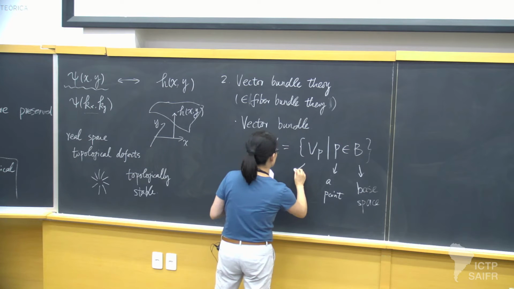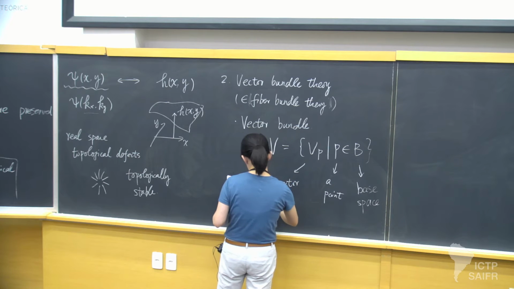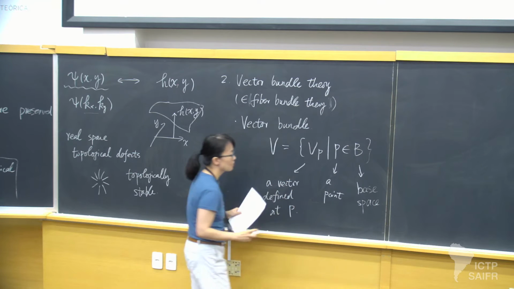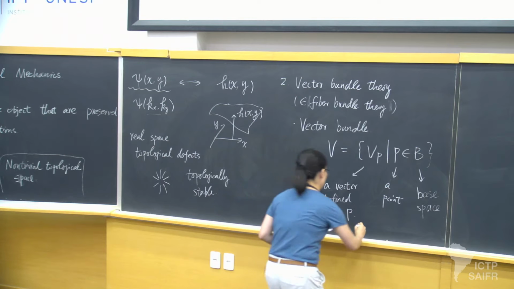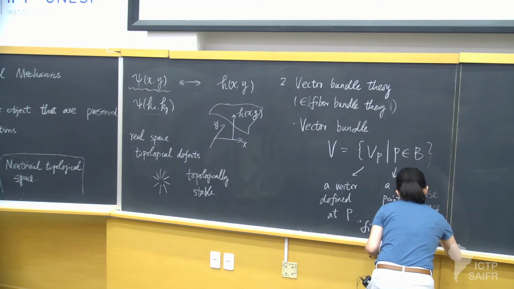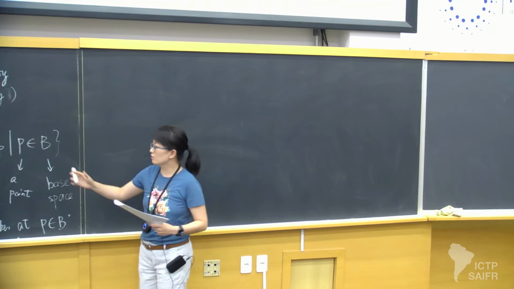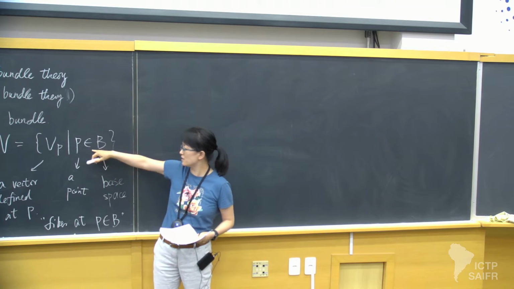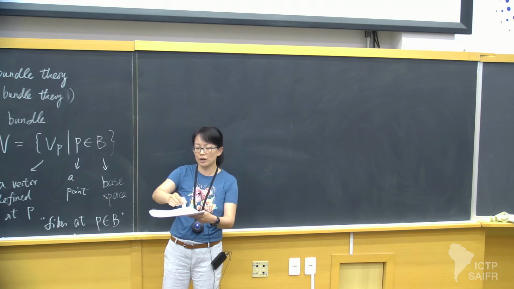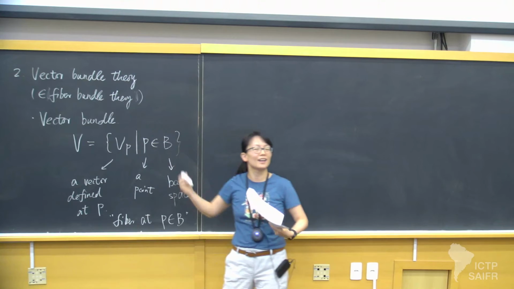And the V_P is a vector defined at point P. And we call it a fiber at P as a point in B, okay? So in some pictorial way, you can think of having some kind of manifold, some kind of surface B, right? And then on every point, you grow a fiber out of it, right? You can think of it like that, right?